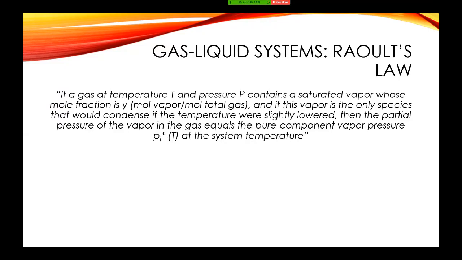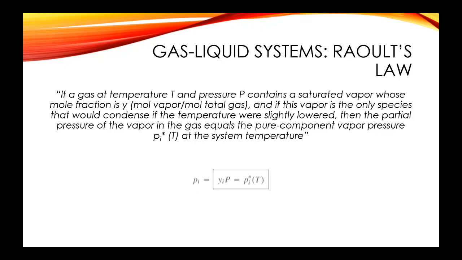So of course you can't condense nitrogen or oxygen, but you can condense water, because water will be condensed at a lower temperature, let's say 10 degrees, depending on the properties that we're going to see. Okay, so that's what it means.